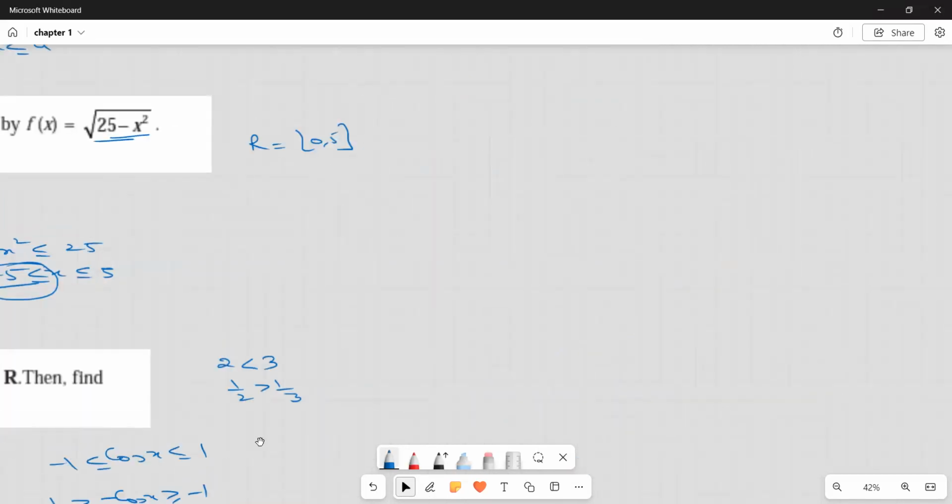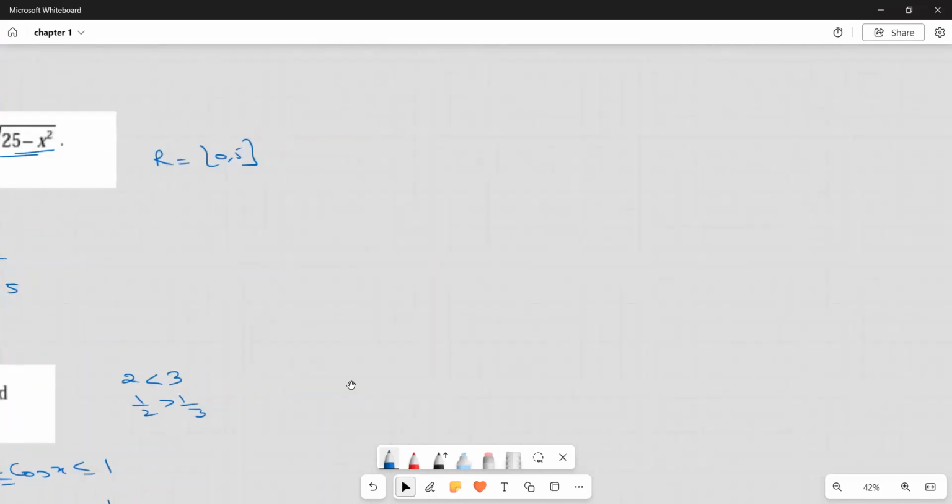Next is quadratic questions. Quadratic questions means you have a quadratic equation which you have to analyze. The question is: f(x) is 9x square plus 6x minus 5.